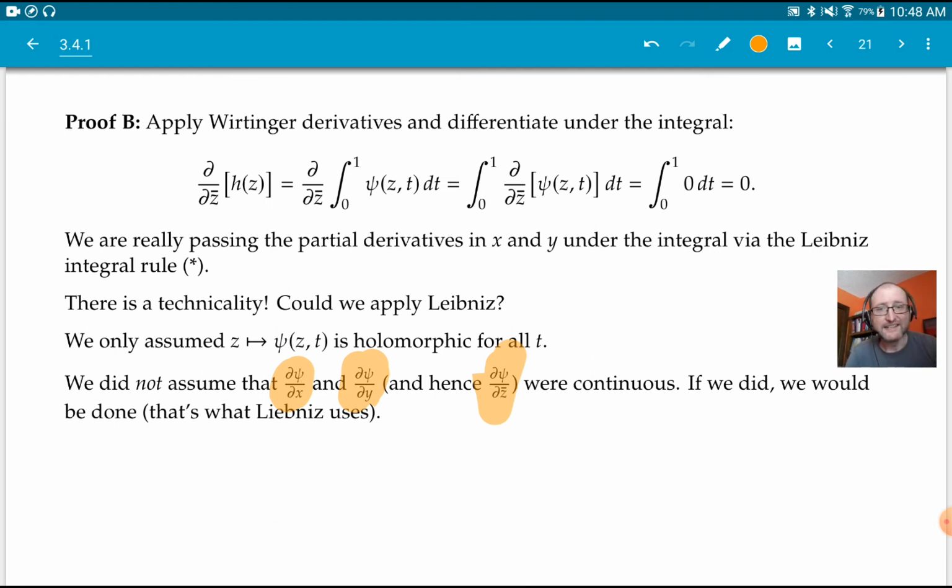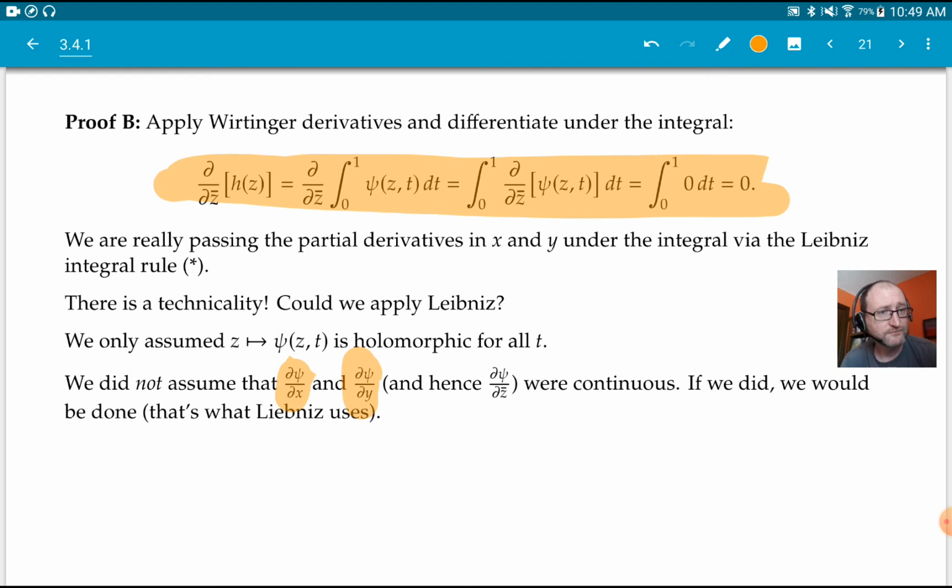But we'd have to assume that these are continuous functions not just of z, so not just x and y, but also of t, so of the three variables x, y, t, or maybe z and t. If we had that, then this would be a perfectly valid argument.